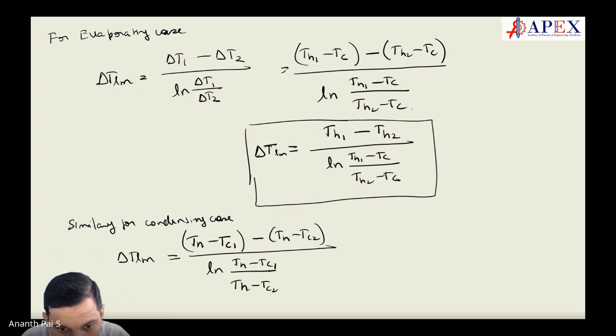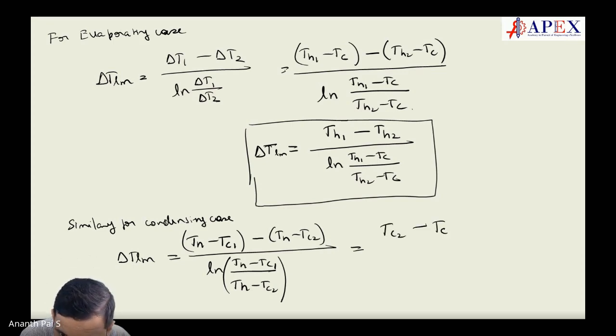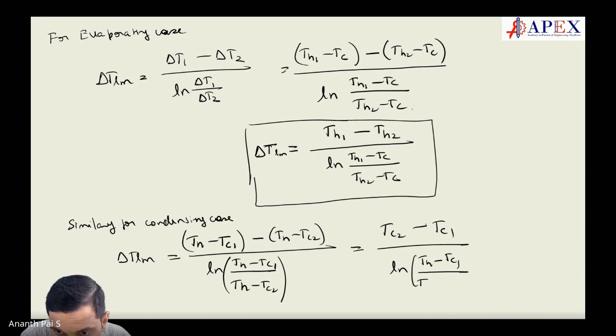This would be equal to, so TH and TH cancel. What do you get? You get TC2 minus TC1 divided by log of TH minus TC1 divided by TH minus TC2.